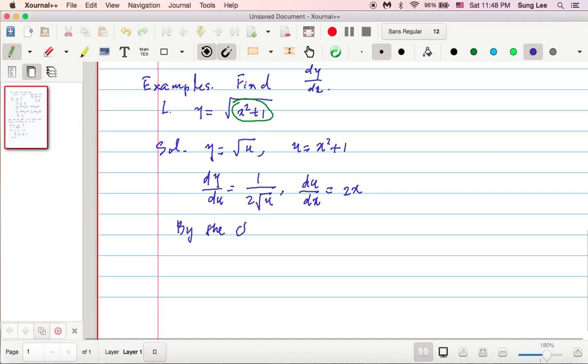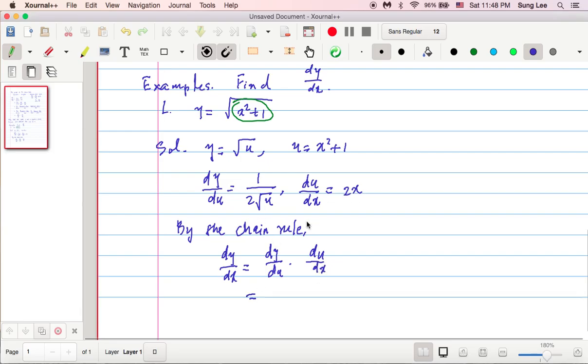By the chain rule, dy by dx is given by dy by du times du by dx.